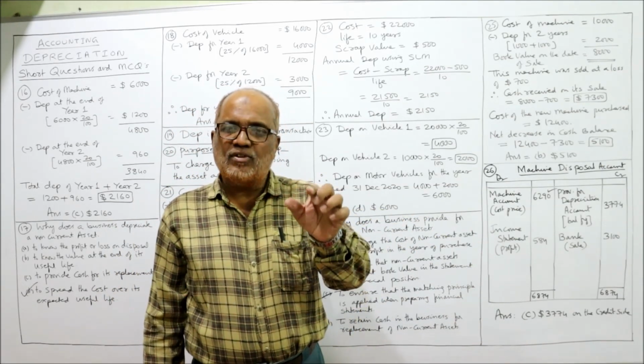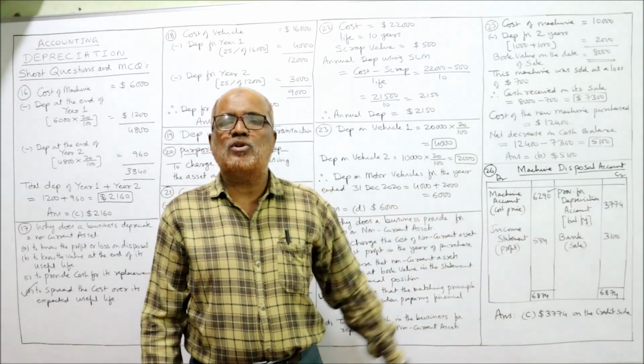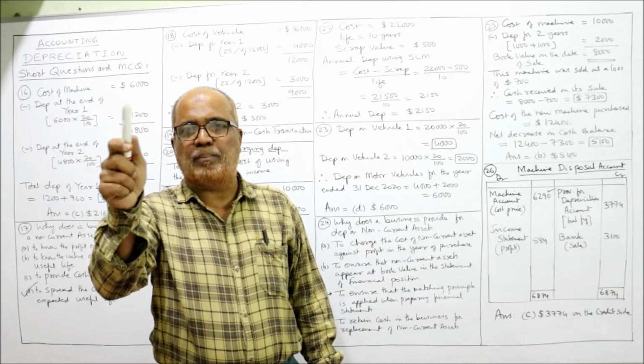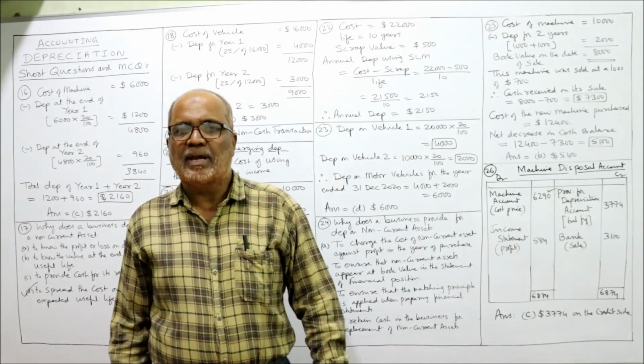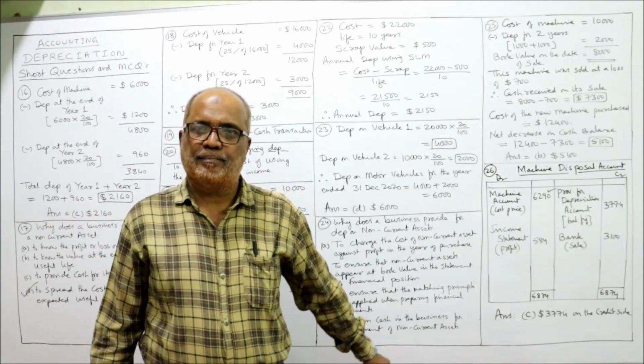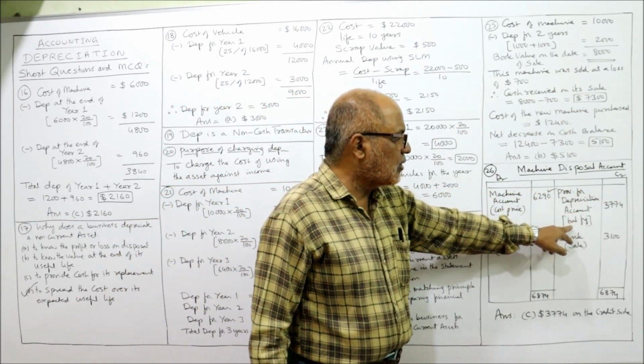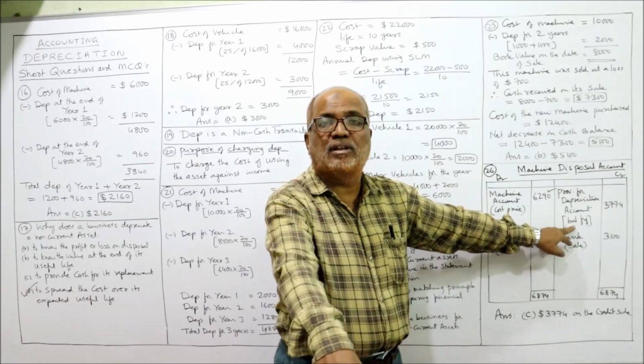The entry will be provision for depreciation account debit, asset disposal credit. The asset disposal account credit side, provision for depreciation account, balancing figure, it is not given in the problem.